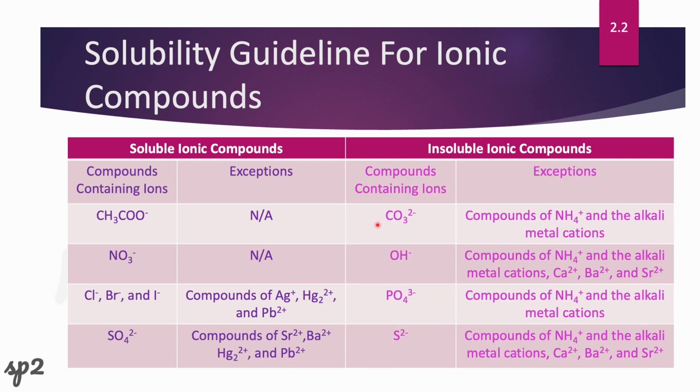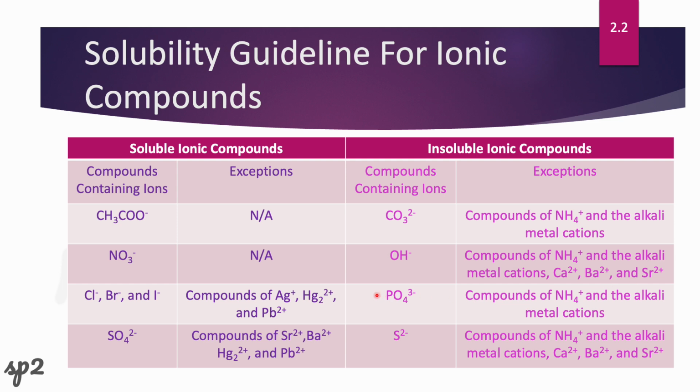Then we have carbonate. This one is typically insoluble, unless we have that with compounds like ammonium or the alkali metals, which are the group 1 metals such as sodium and potassium. Hydroxide would be typically insoluble unless we have that with ammonium and again the alkali metals, calcium, barium, and strontium.